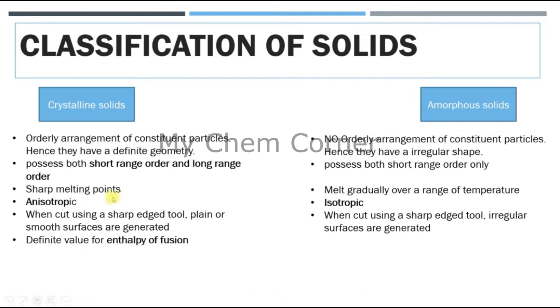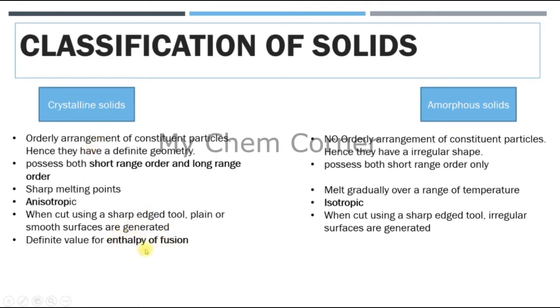Then we're going to talk about a definite value for enthalpy of fusion. So what is the meaning of enthalpy of fusion? Let's break the term. Enthalpy basically means energy. So here, how much energy change is required when you're trying to heat a solid?